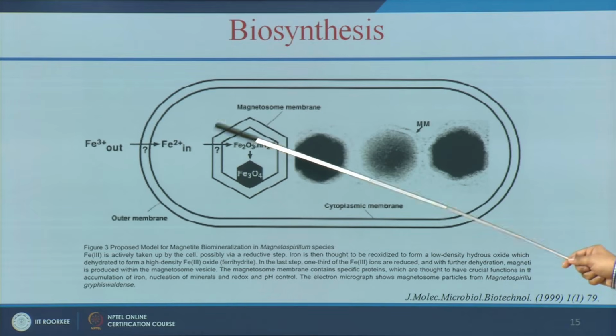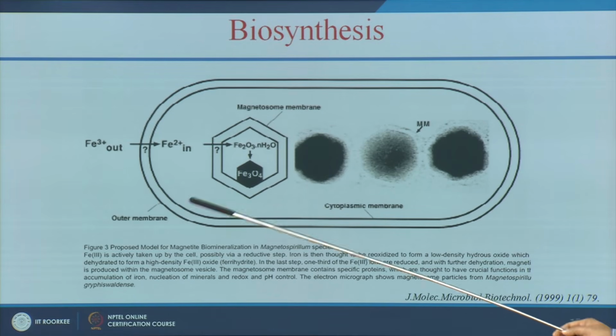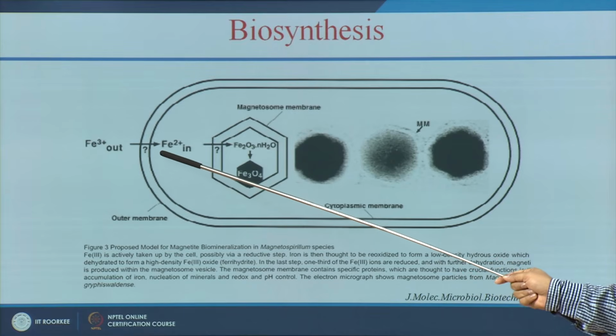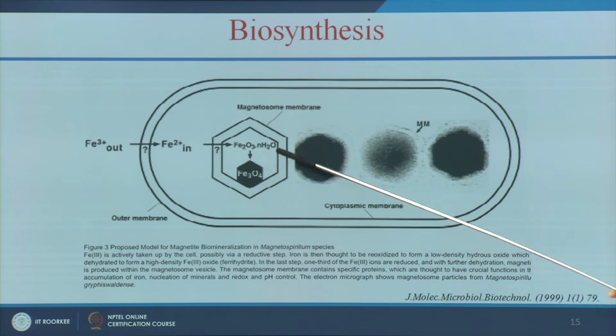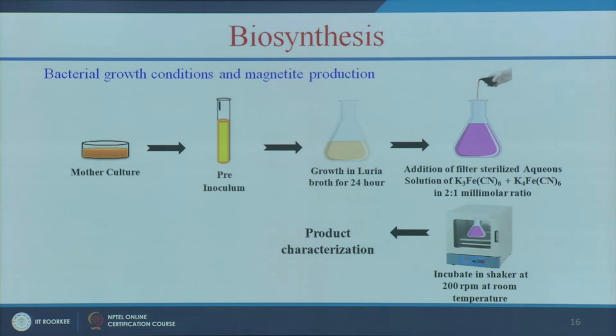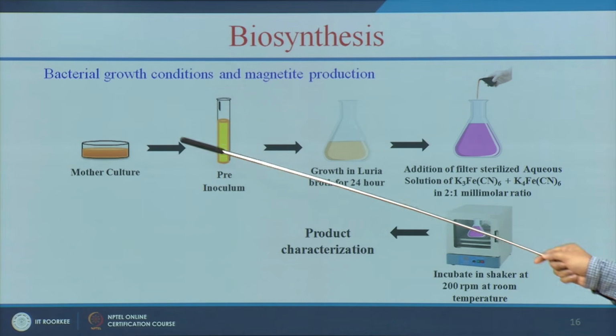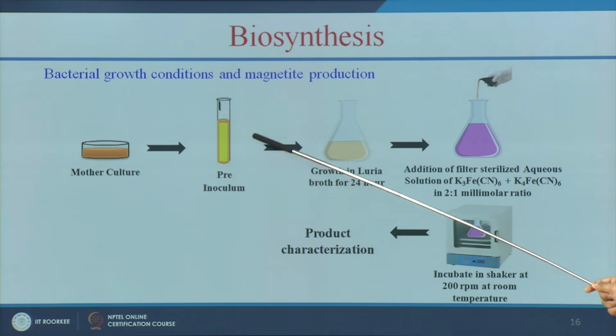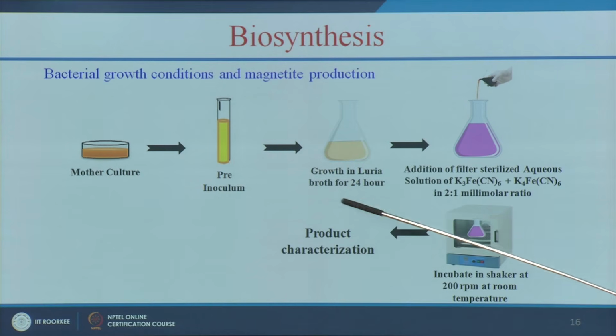So this is the structure of this bacteria, you can see here. Fe3+ we have to add to this bacteria, and this will convert into iron oxide nanoparticles. So how do we grow this bacteria? We can grow this bacteria on an agar plate, transfer it to a test tube and grow it overnight, then transfer it to LB broth in a conical flask.